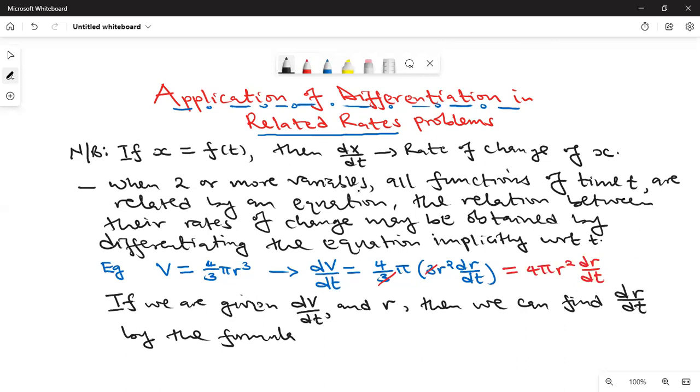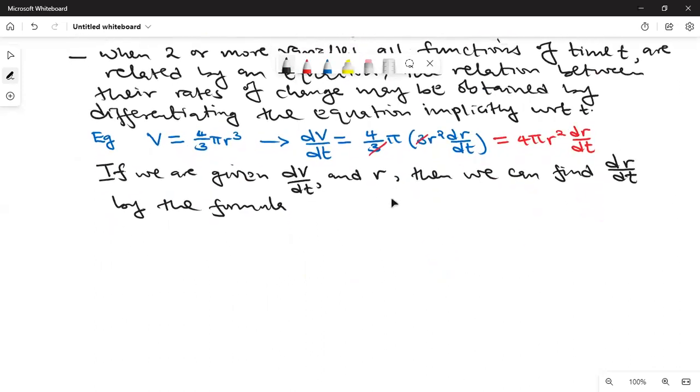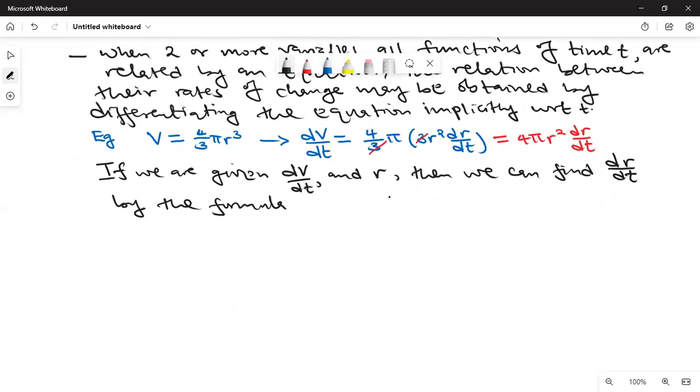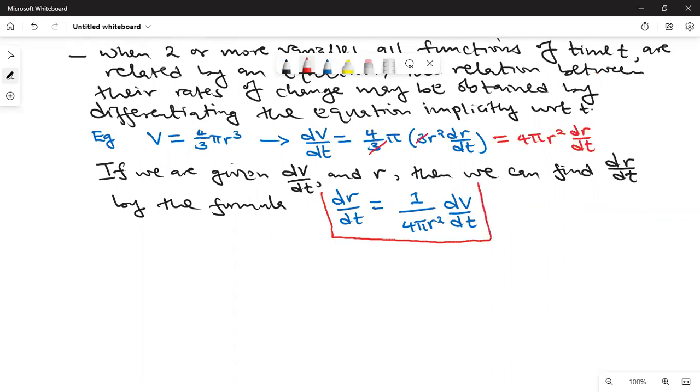We make dr/dt the subject, so that dr/dt is equal to 1 over 4 pi r squared times dV/dt. So this is an example of a related rates problem. We are using the concept of differentiation to find the rate of change of some variable with respect to time.